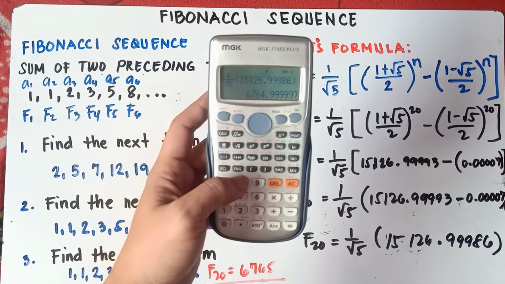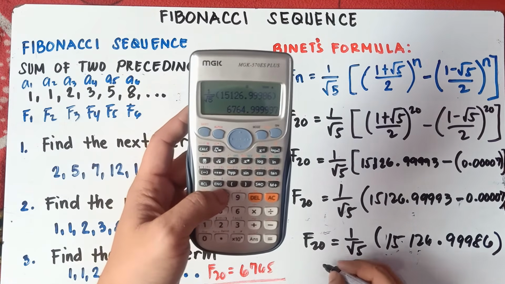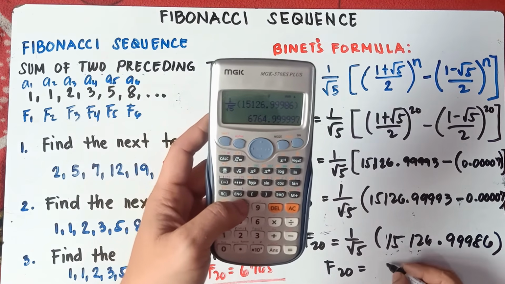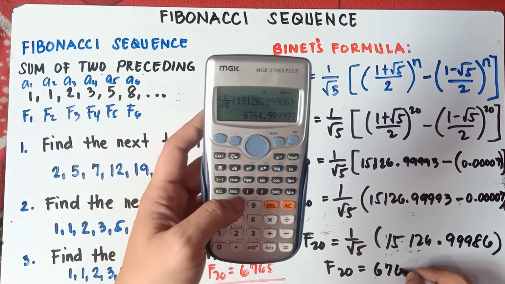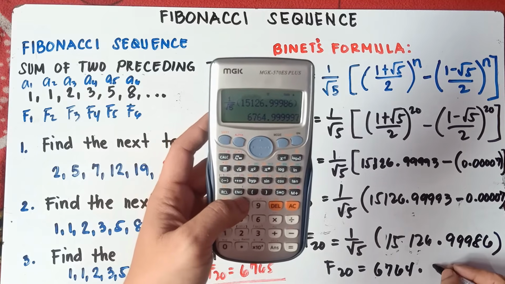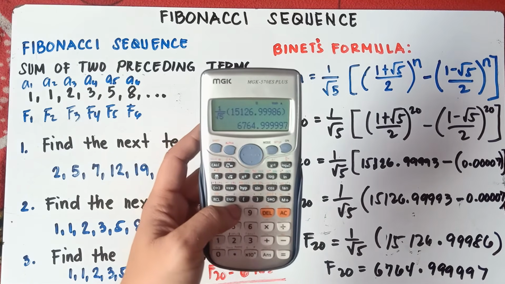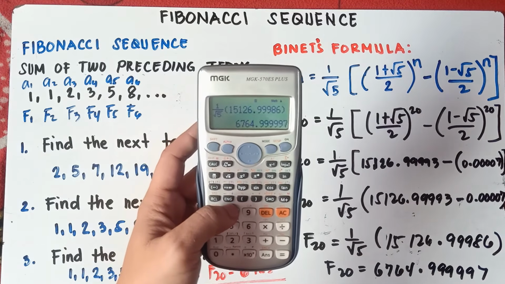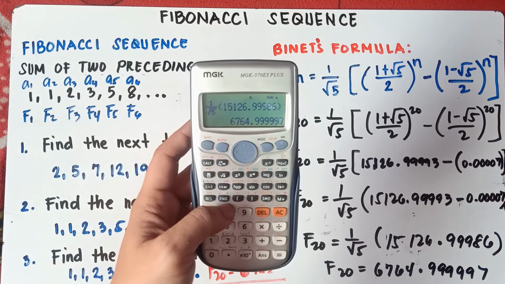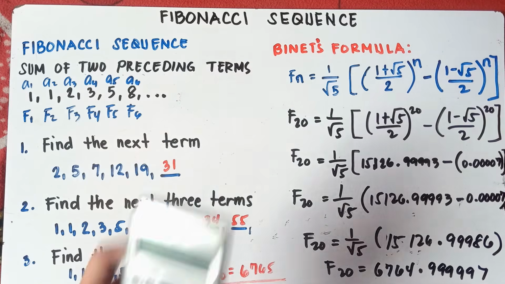Close parenthesis. And you will get 6,764.9999949. 5 nines then 7.